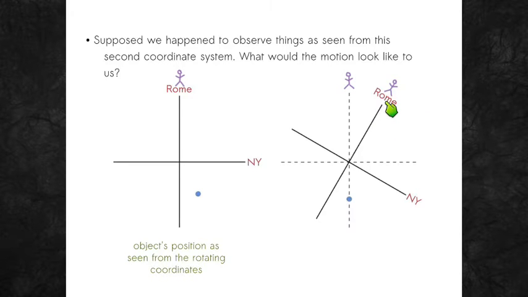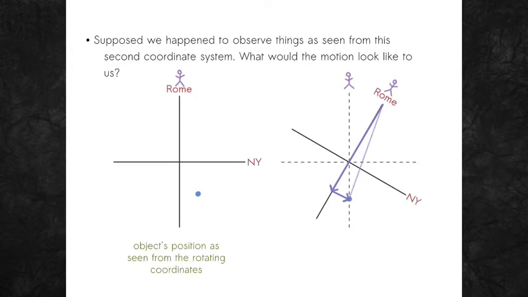If we start at this initial time and ask Roberto where the object is, he would say it's some distance from Rome towards the North Pole, past the North Pole some distance. So it's that far along his Rome axis, and then some distance towards New York, so that far along the New York axis. Relative to him, he sees the object as being towards the North Pole and off to the left a little bit. That's what he sees.